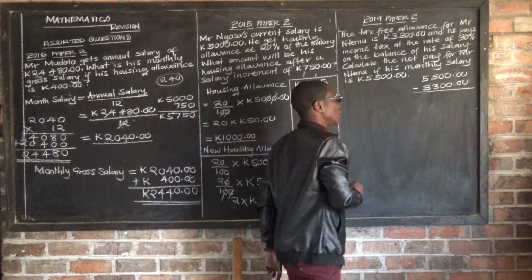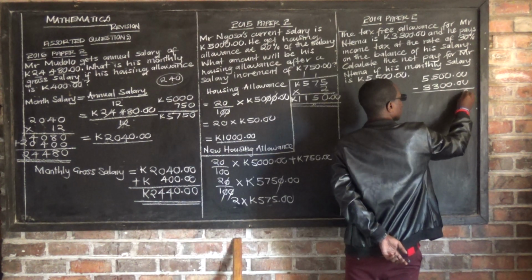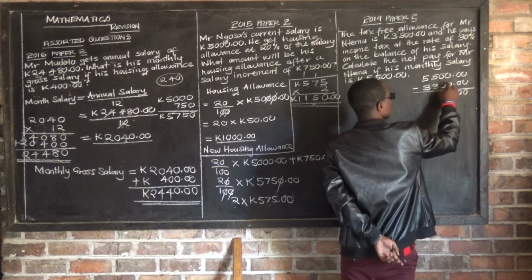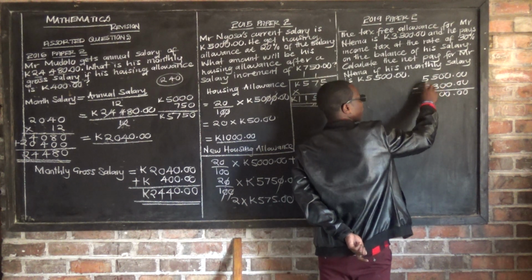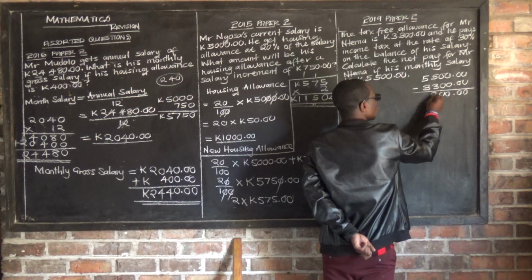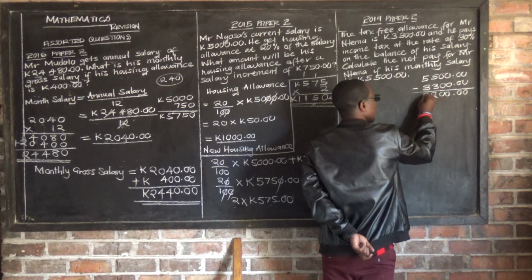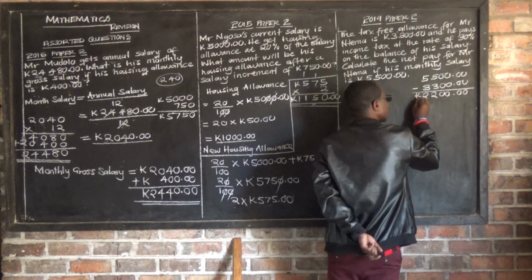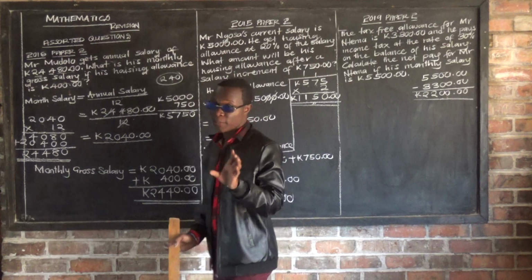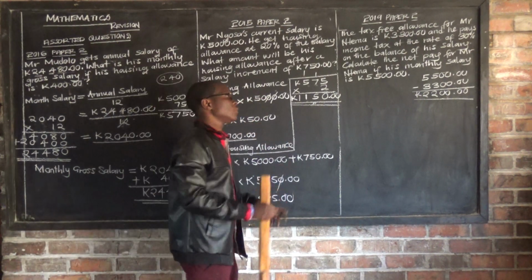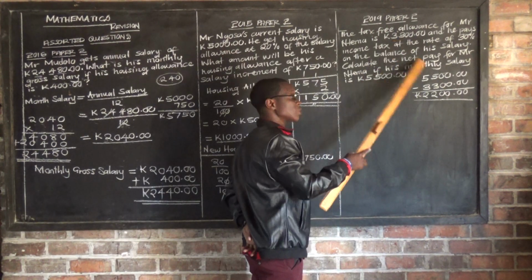So 0 minus 0 is 0, 0 minus 0 gets 0. Then what is 5 minus 3? You get 2. 5 minus 3 gets 2 again. Yes. Okay? So now this was the balance. From the salary, you just subtract this. This was the balance.